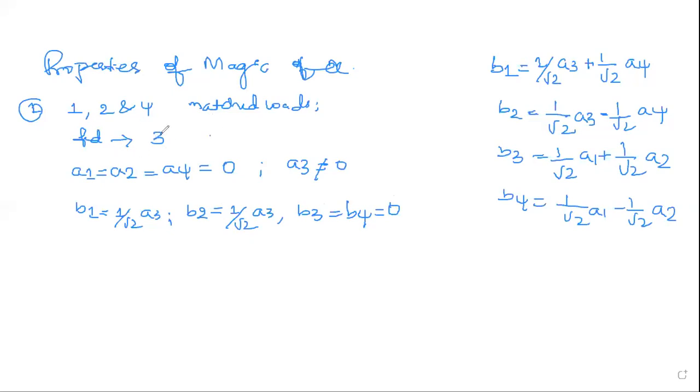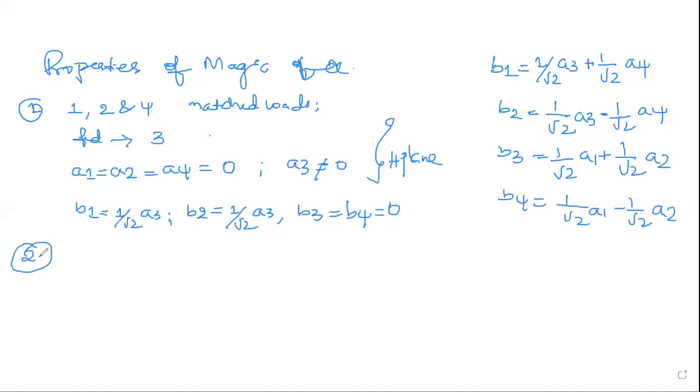If your power is fed at port 3, it is equally divided between port 1 and port 2, and you should not get output across your fourth port. There is no output at port 3 and port 4, which is the property of the H plane. This is the first property.